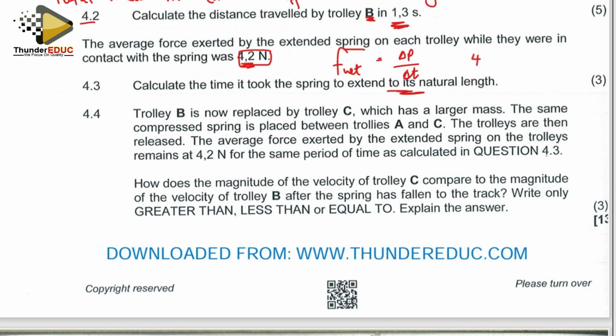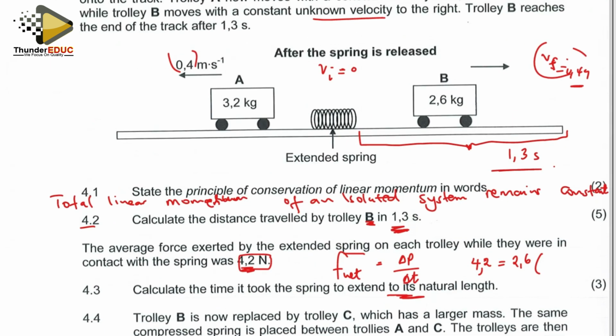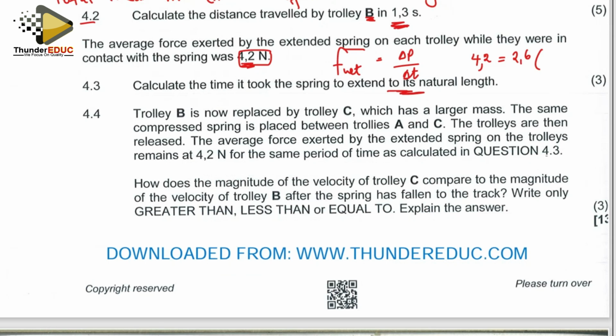So that's going to be 4.2 is equal to the change in momentum. I can use 2.6. Okay, we know that 2.6 is for B. Our final velocity is going to be 0.49 minus 0 divided by delta t. I'm going to get my t alone.